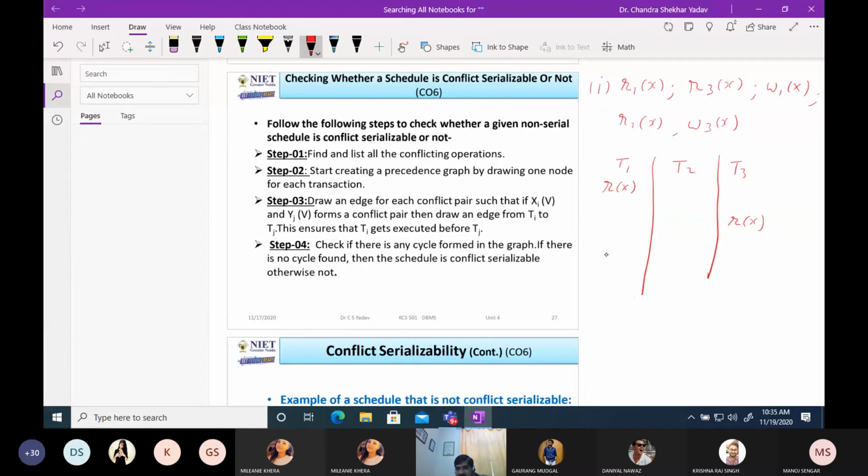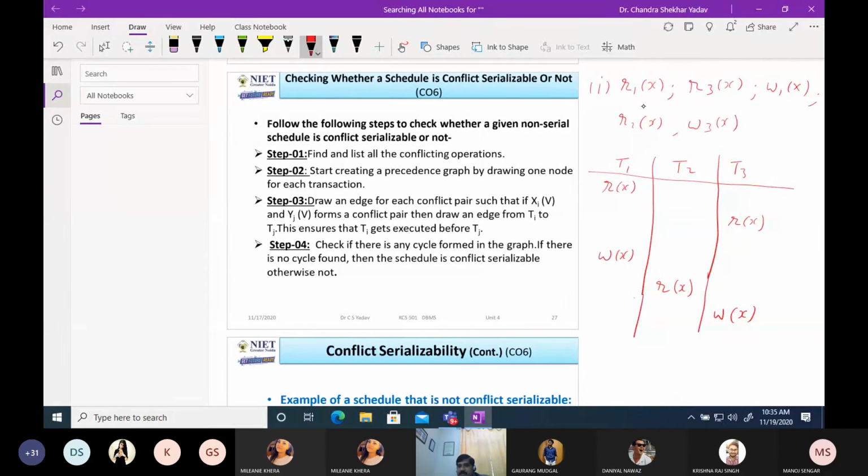And then we perform write of X in transaction T1. Then R2X means after that T2 transaction performs read operations on X, and then transaction 3 performs write operations on X. Did you get it? Hello? Yes, sir.